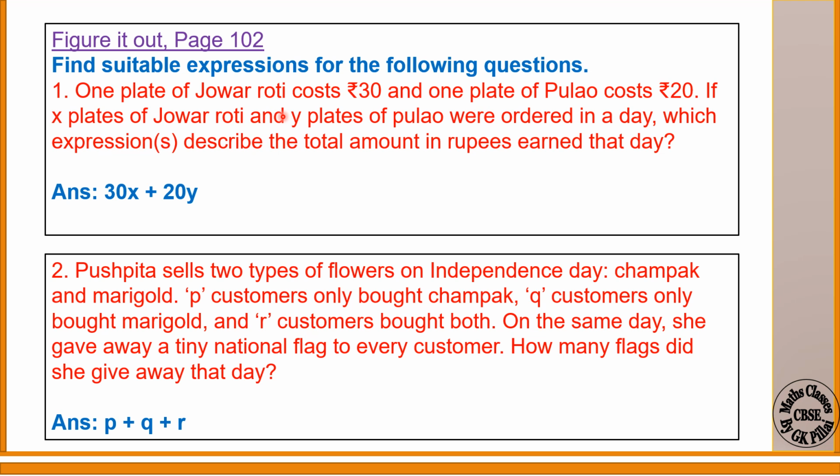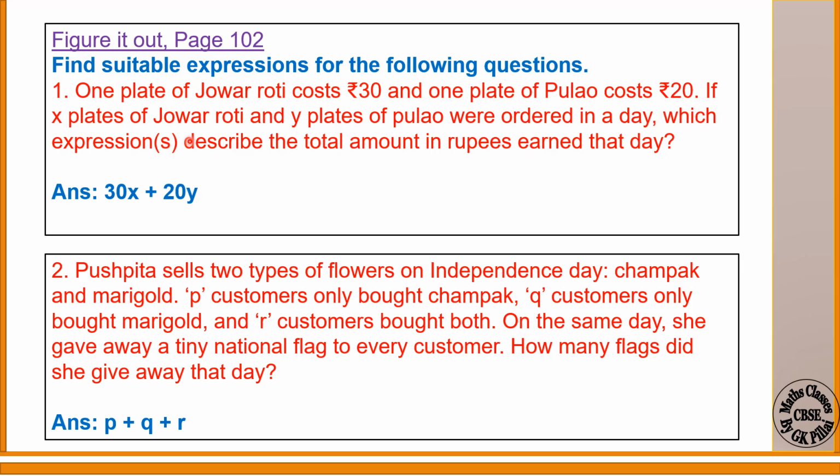Now these are all figure it out questions. The questions are very long, but the answer is very simple. Find suitable expressions for the following questions. One plate of jawar roti costs rupees 30 and one plate of pulao costs rupees 20.